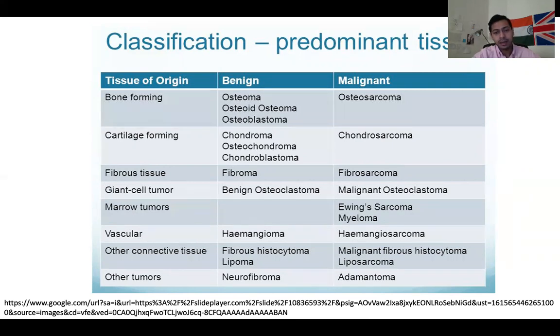But the tumors that are most common actually tend to be secondary tumors. These can be metastatic cancers from the prostate or the breast, and they tend to be quite common rather than primary tumors of the bone.